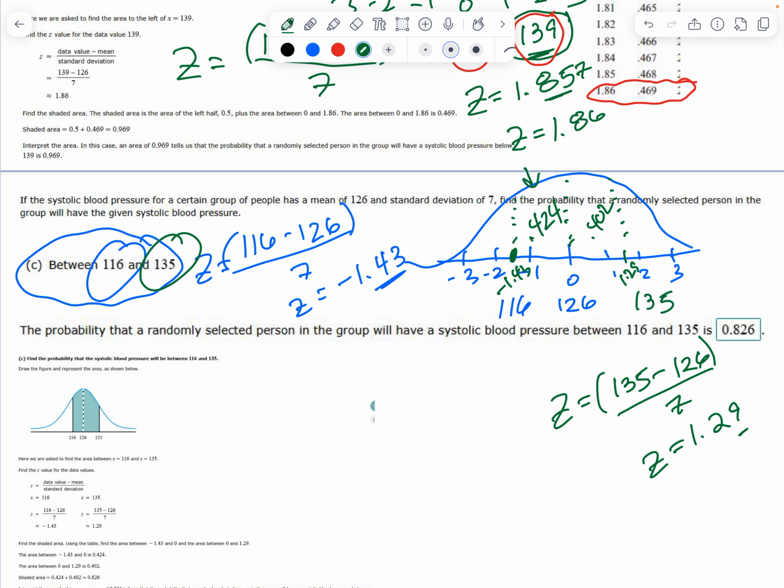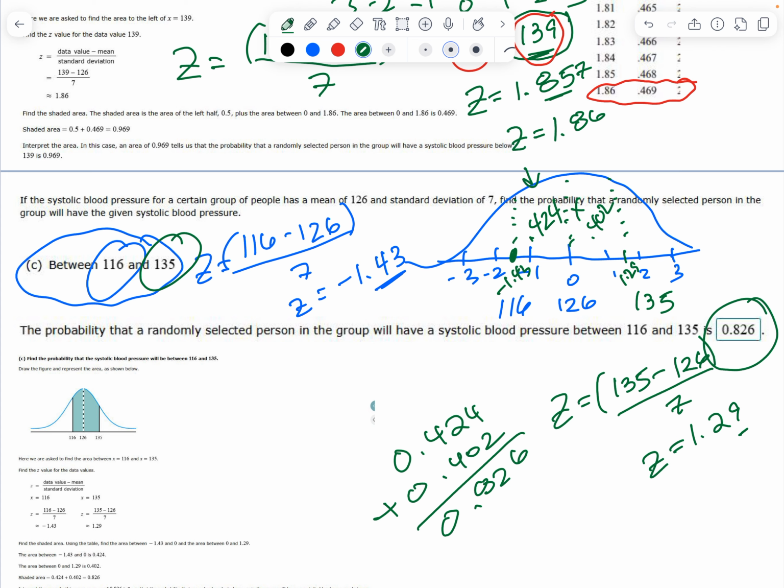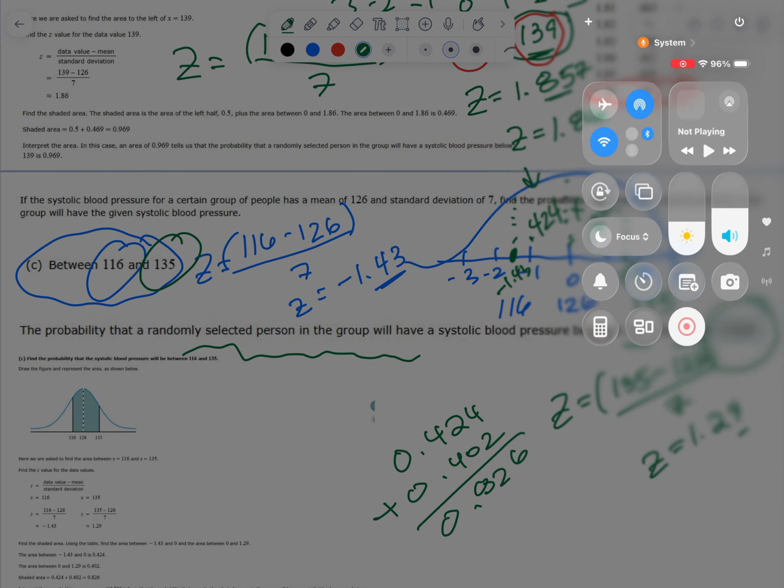They want to know between the two, so we need to add these together. 0.424 plus 0.402 would give us 0.826. So there's an 82.6% chance, and that's what they got, that you would randomly select someone in this group that has a blood pressure between 116 and 135. I hope this video helps. We'll see you in the next one.